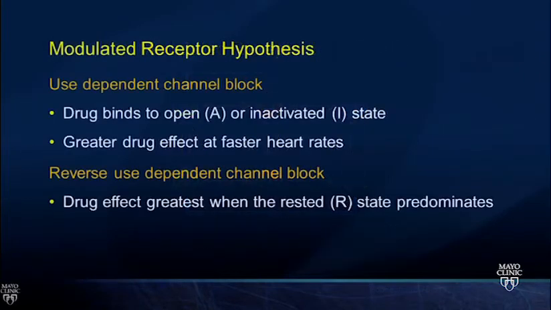For example, drugs that bind to the open or inactivated state tend to have effects more at faster heart rates. If you have drugs that bind more to the resting state, like the potassium channel blockers, the effect predominates at bradycardia and not at faster heart rates.